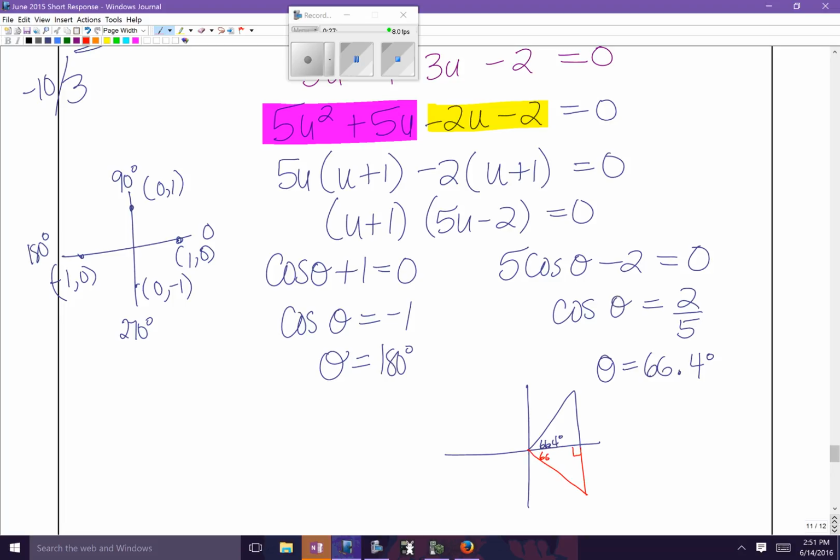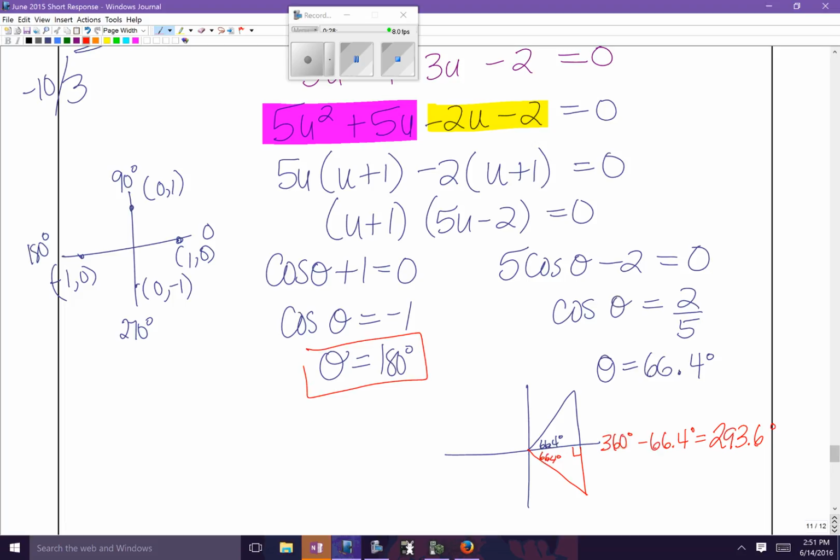And if I want a 66.4 degree reference angle there, I'm going to use the knowledge that this is 360 degrees. That is 66.4 degrees below it. 360 minus 66.4 is 293.6 degrees.